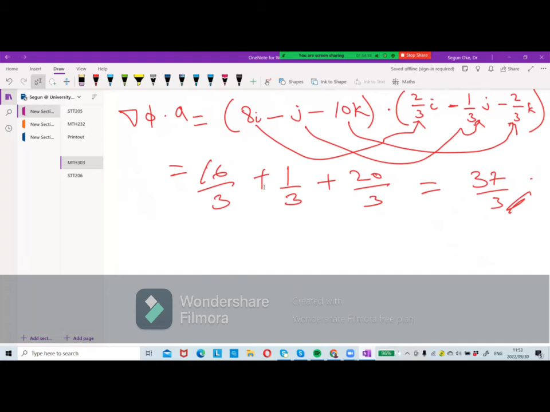Any question? Yes, sir. Which one is proper? Should we leave it in proper fraction, mixed fraction or decimal?